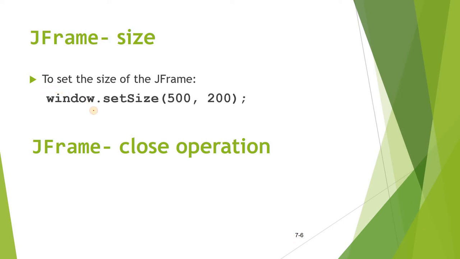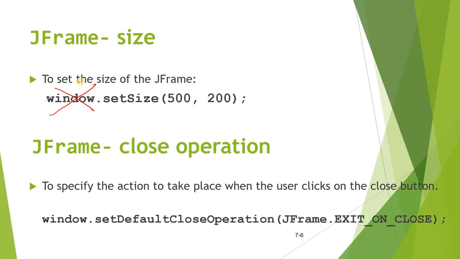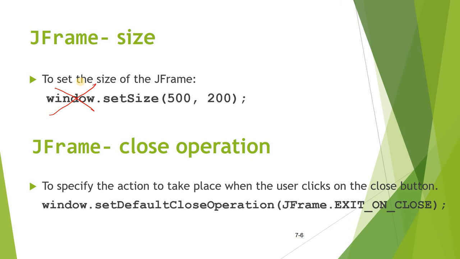Again, if you've extended from the JFrame class, we can just use set size. And likewise, if you want to change how the window's close button in the upper right-hand corner, that little X, is handled, this is how you would do it.